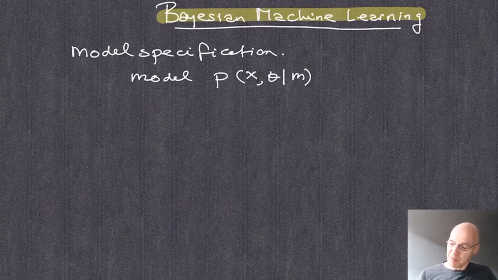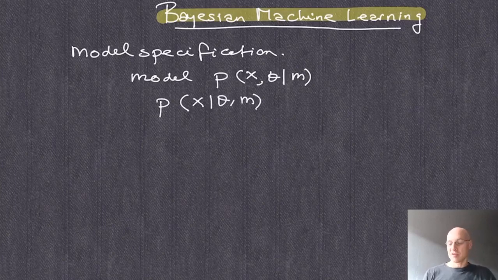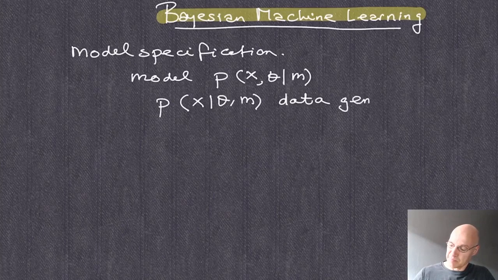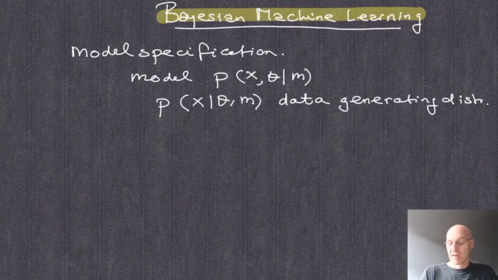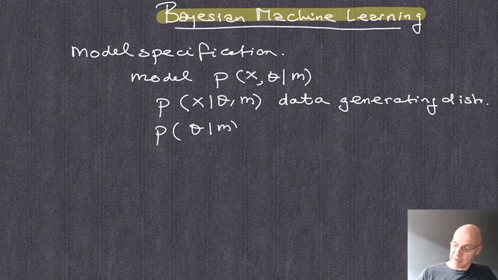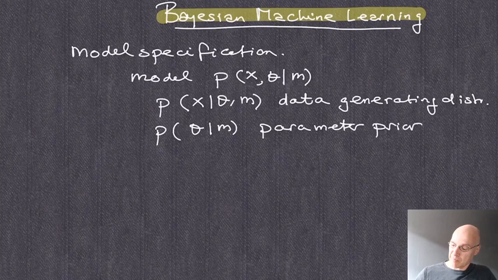So this model can be specified if you would propose a distribution that we call the data generating distribution, and a prior distribution, the parameter prior distribution.